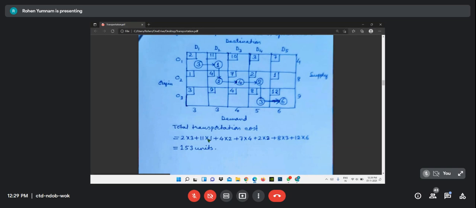And then it will be 11 into 1. Plus next 4 into 2. Plus next 7 into 4. Next 2 into 2. Next 8 into 3. Next 12 into 6. Total cost is 153. This is the total cost required to transport all the supply to meet the demands.